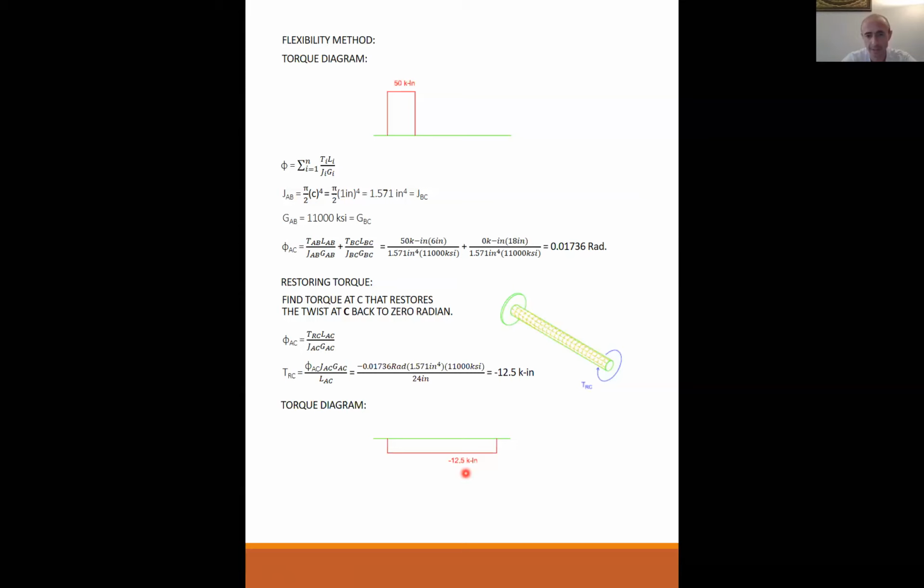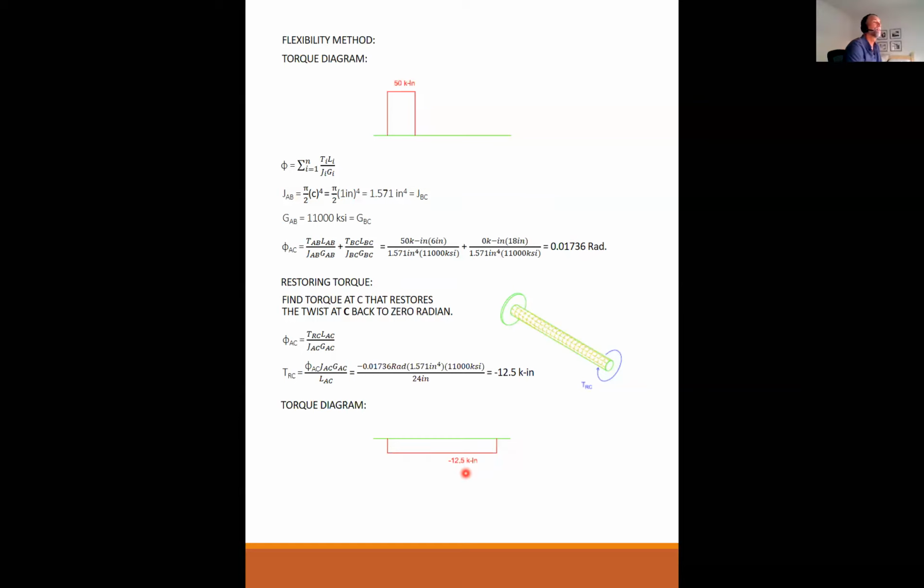Professor, what if you have a different radius from A to B than from B to C? How are you going to use it? Because here you took the sum of the length, and you have the same radius. Right.